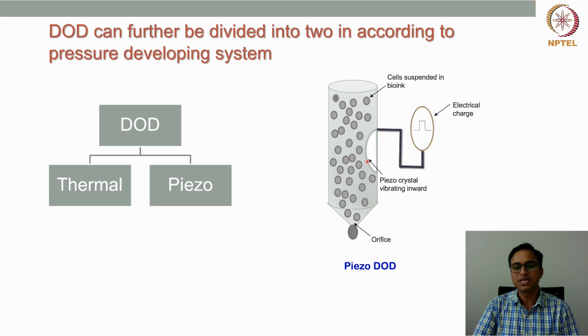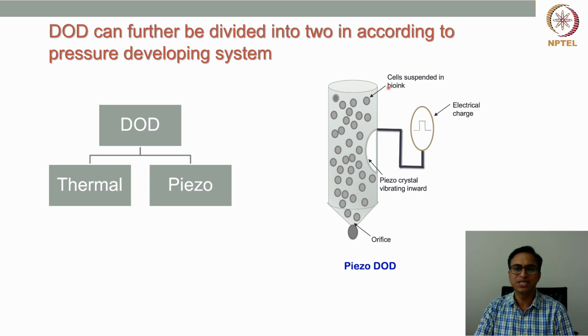Here the nozzle diameter can be anywhere between 18 to 30 micron, and so the droplets generated in this case can be even lower than the thermal DOD printer, right? And this can also be very well used for printing cells.